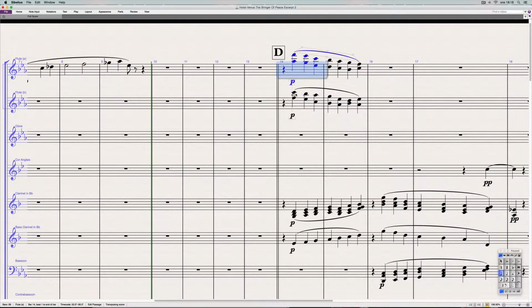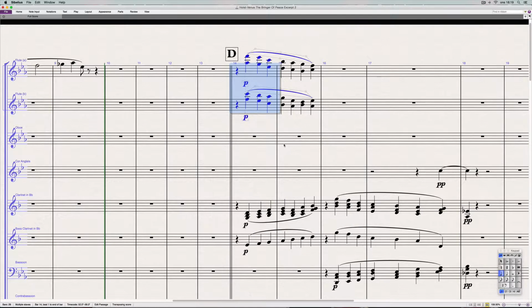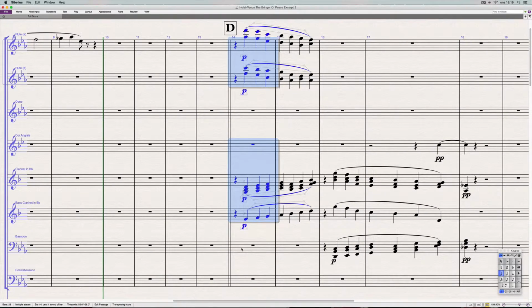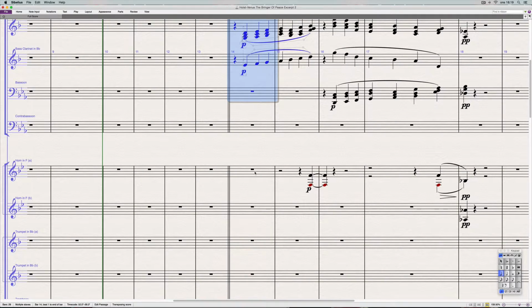I'm gonna try to find the relevant instruments here, and I hope you're not too bored seeing me wrestle with this program.